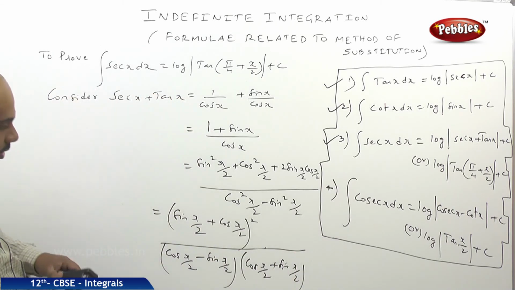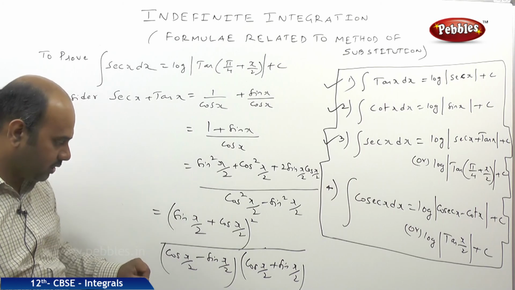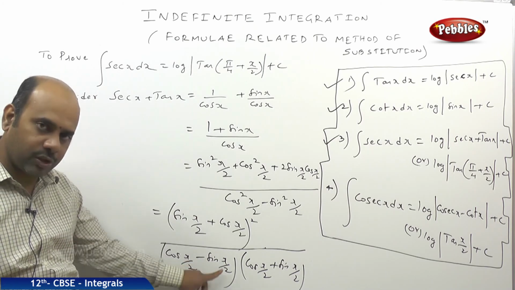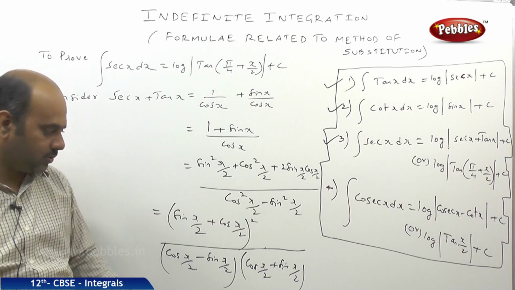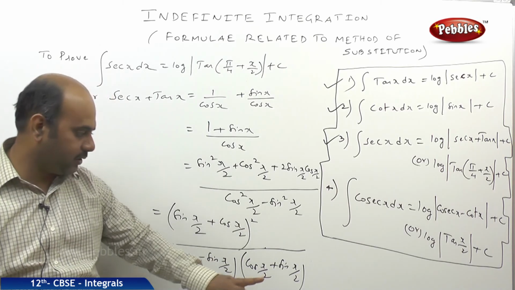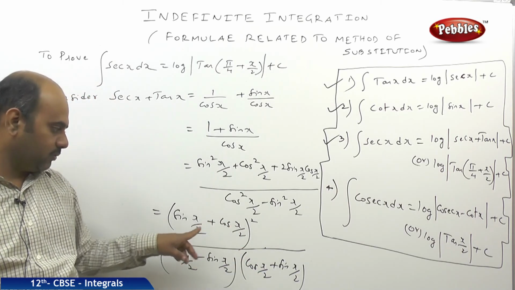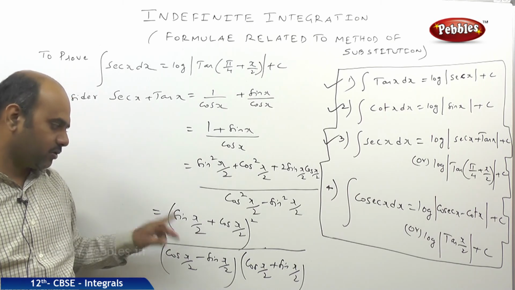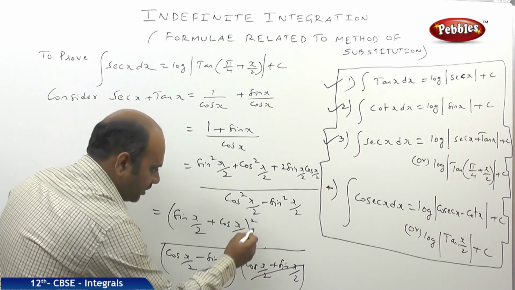Now if you observe carefully, sin x by 2 plus cos x by 2 whole square is there, and here cos x by 2 minus sin x by 2 into cos x by 2 plus sin x by 2. Cos x by 2 plus sin x by 2 will cancel, and in the numerator there remains only sin x by 2 plus cos x by 2. One term gets cancelled.